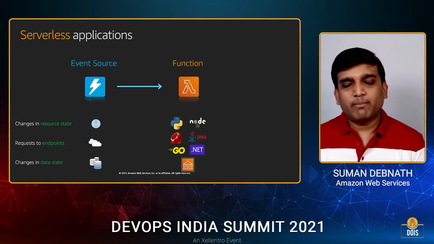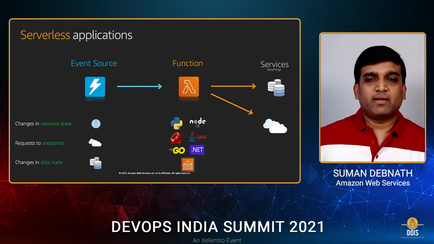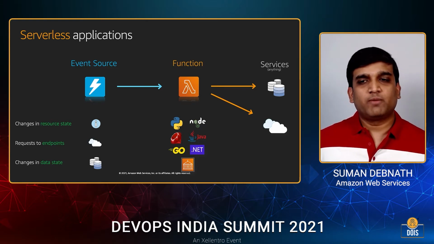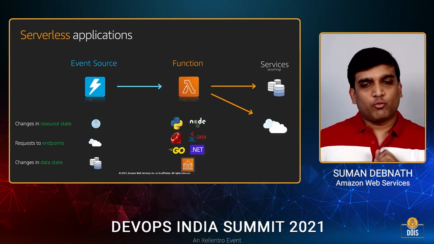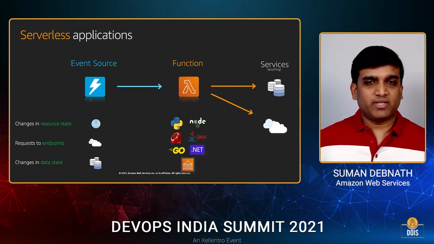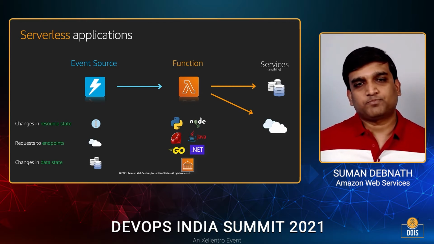And once your Lambda function is executed and the task is over, it can send that output, or whatever is the business logic that you have written in the Lambda function, to the downstream services. It can be within AWS or outside AWS.